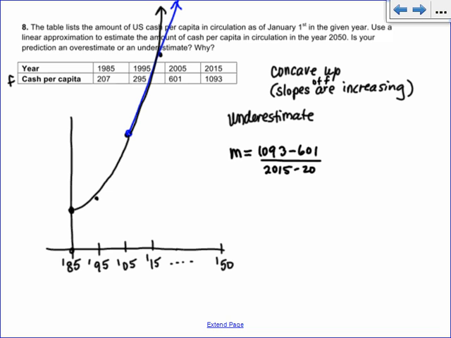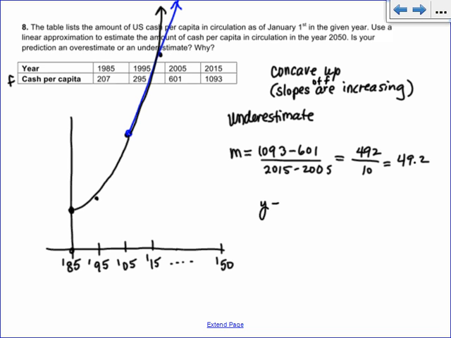over 2015 minus 2005. Here we go. So 49.2, that's our slope. And you can use any point.